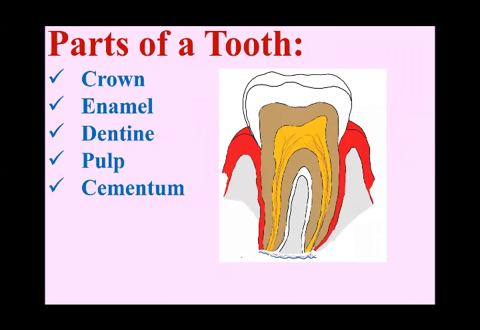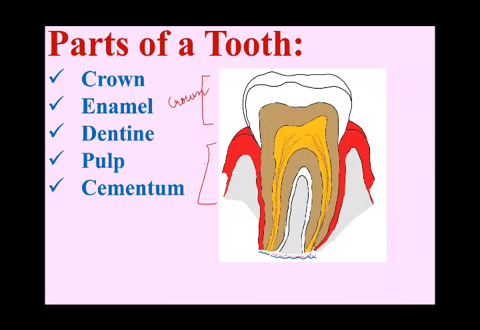We also studied the parts of a tooth. A tooth can be divided into two parts, the upper part and the lower part. The upper part is viewable from outside, whereas the lower part cannot be viewed. The upper part that can be viewed from outside is known as the crown.